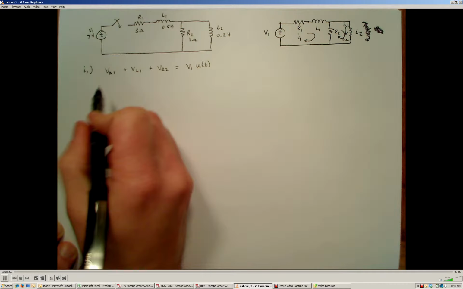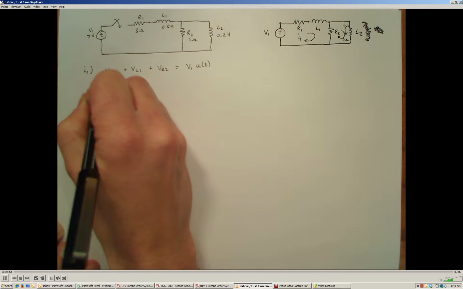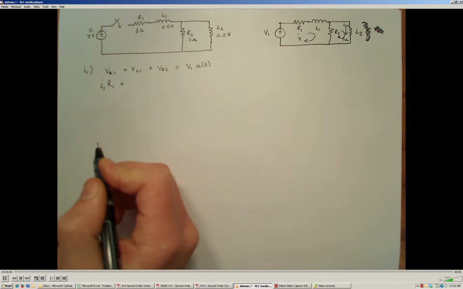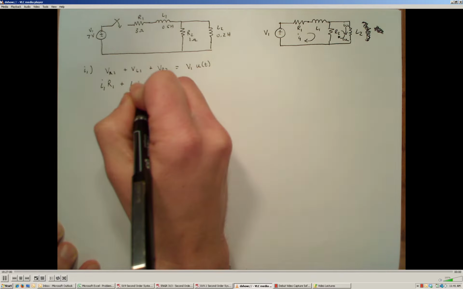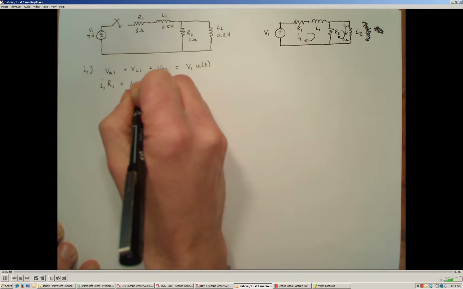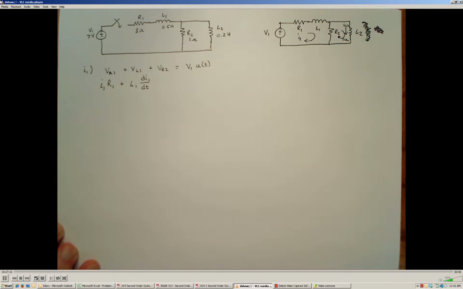So now I'm going to use my current to voltage relationships and substitute in. I1 times R gives me the voltage across R1. The relationship for the voltage and current through an inductor is L1 times the rate of change of current through that inductor, and the current through that inductor is our I1 mesh.